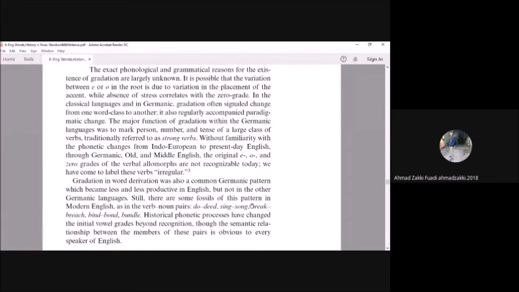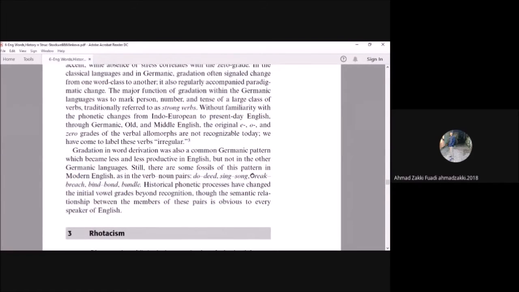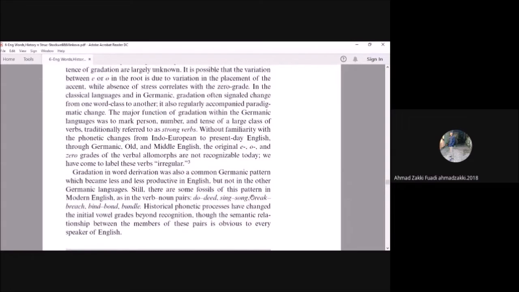Without familiarity with the phonetic changes from Indo-European to Germanic, Old and Middle English, and present-day English, the original E, O, and zero grades of the verbal allomorphs are not recognizable today. We have come to label these verbs irregular.